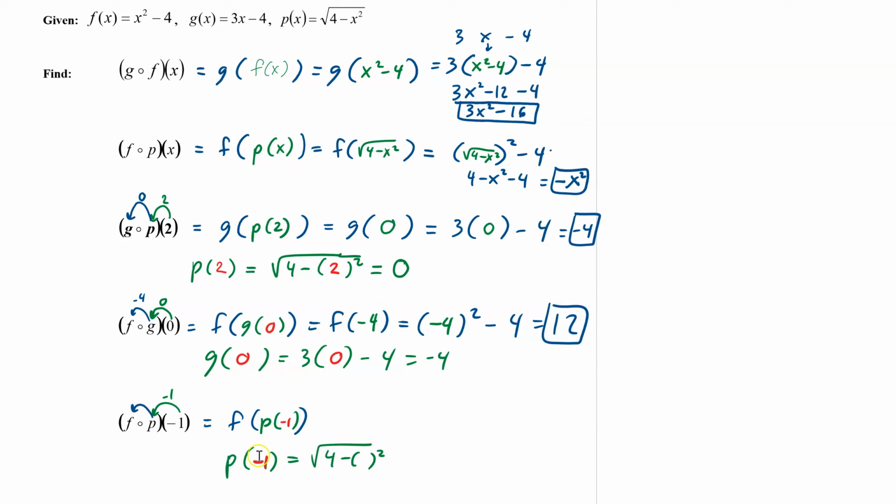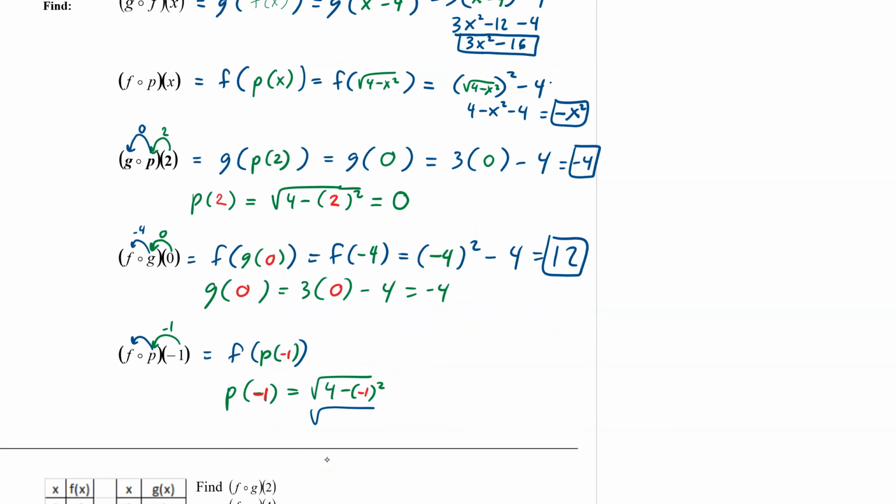We're inputting negative 1, so let's plug in the negative 1. Square root of 4 minus 1, which is the square root of 3. So this becomes f of square root of 3, should be green.